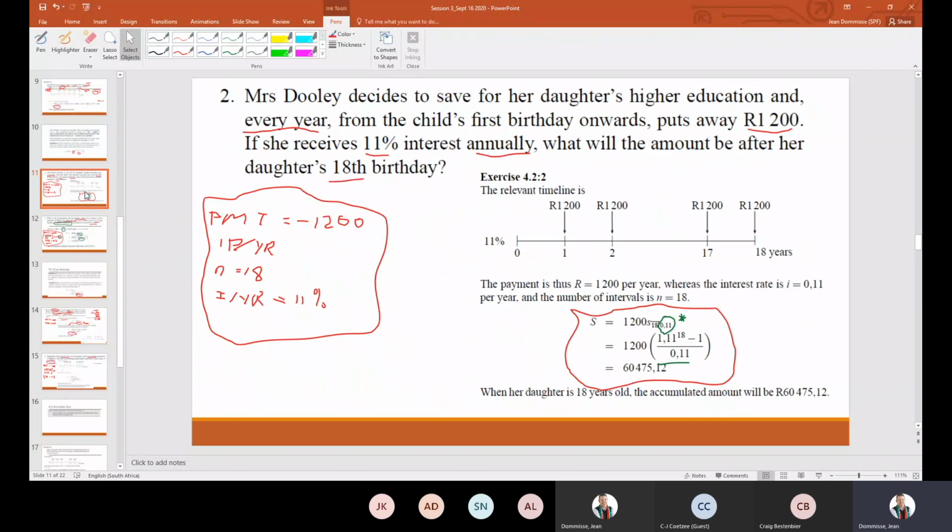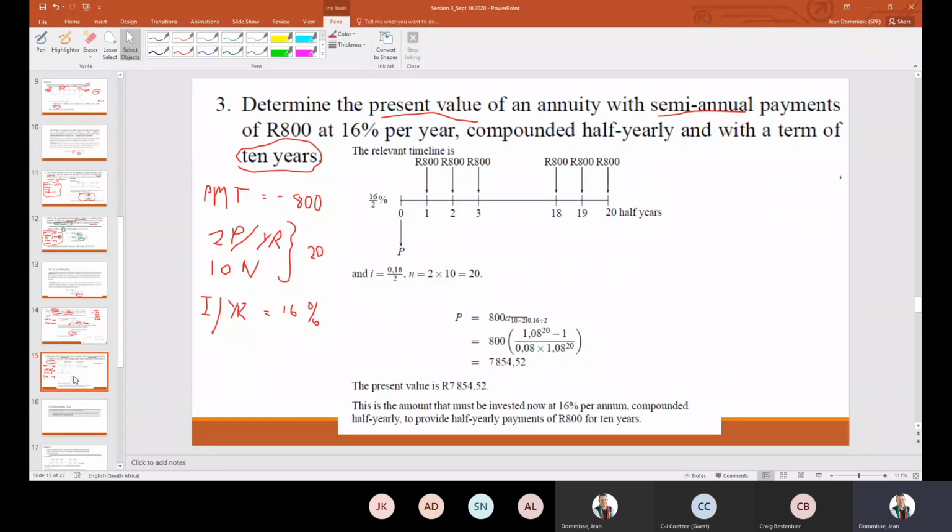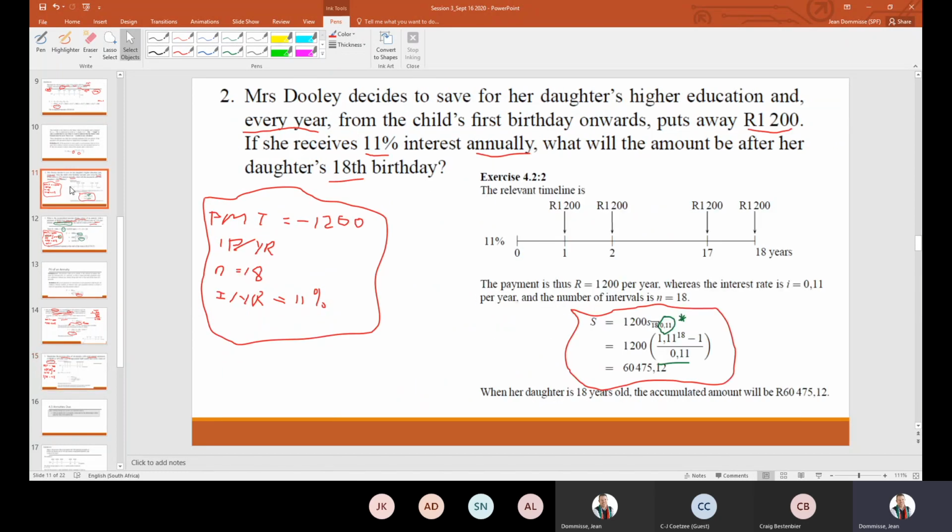So what can happen is that you get a question where it is twice a year, and then your next question is annually, and you forget to change your twice a year to a once a year setup.